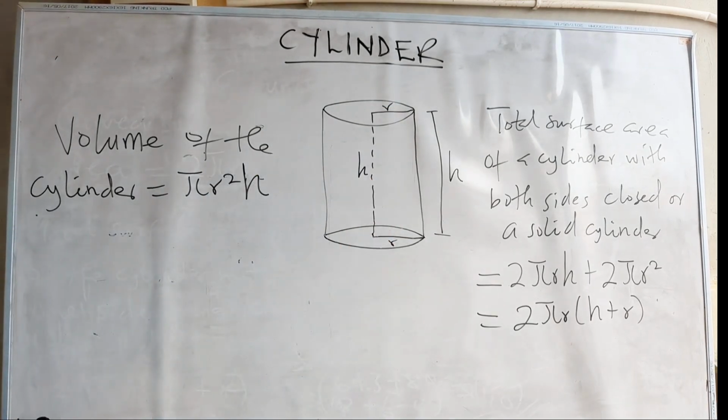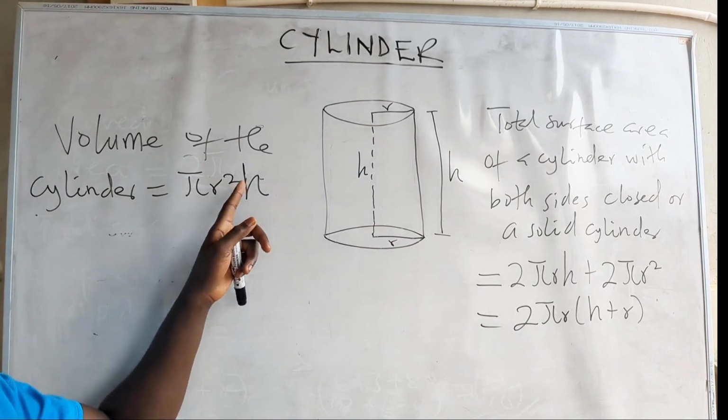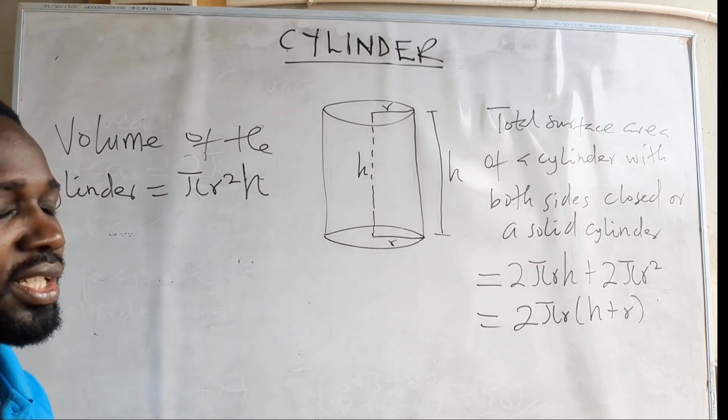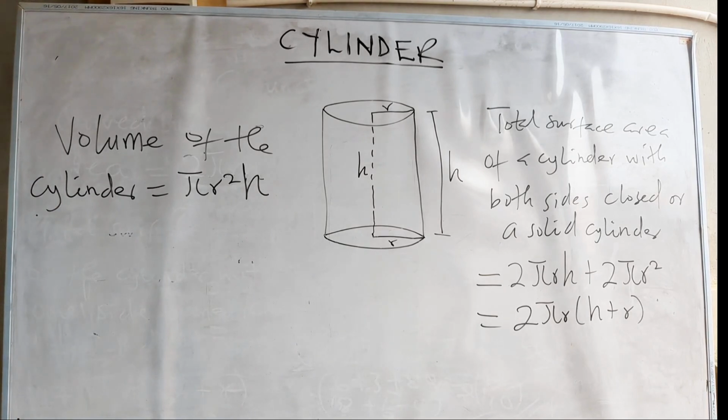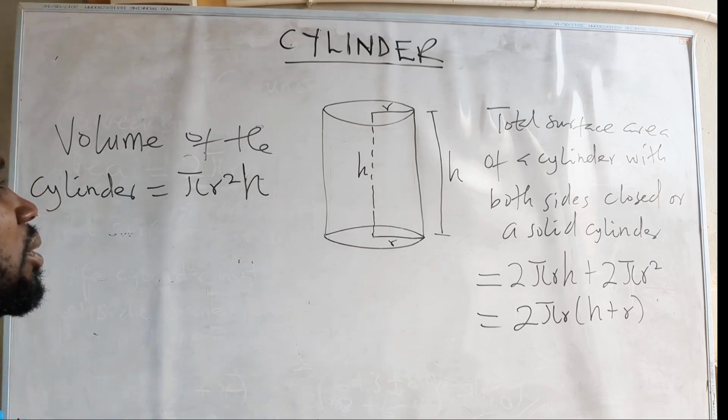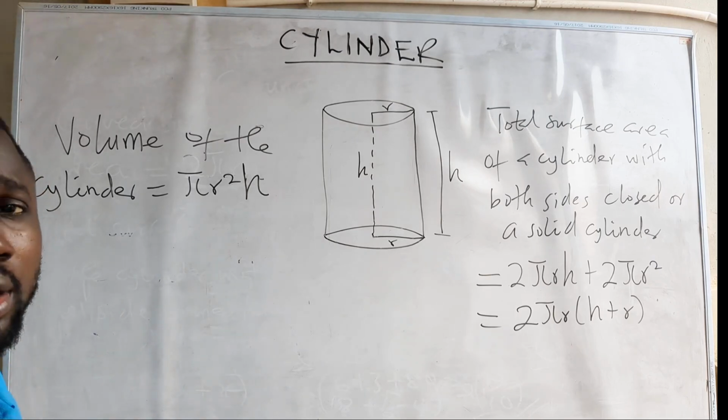So the volume of a cylinder is pi r squared h. So this is about a cylinder. And I think this is all that we have to know. We will go and solve some examples on a cylinder, and then I believe you definitely understand.